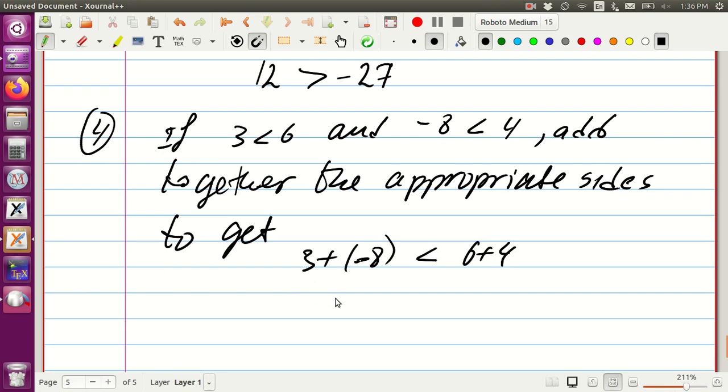And if we evaluate it, we get negative 5 less than 10.